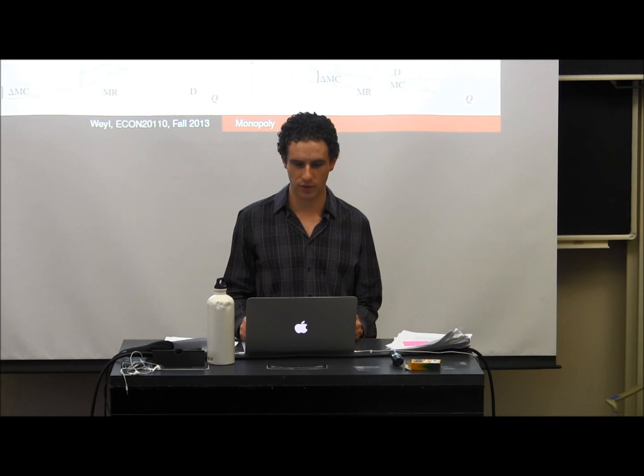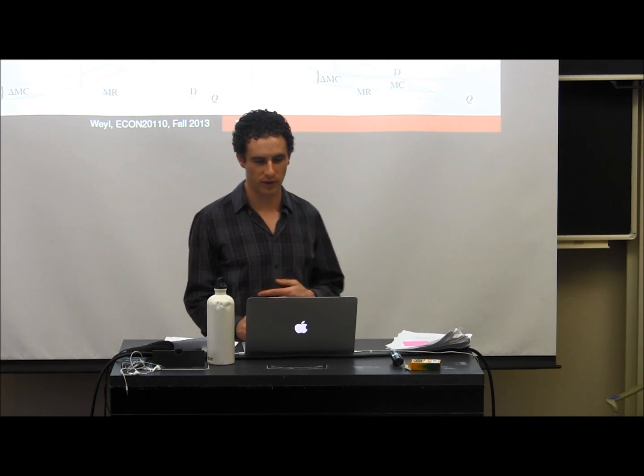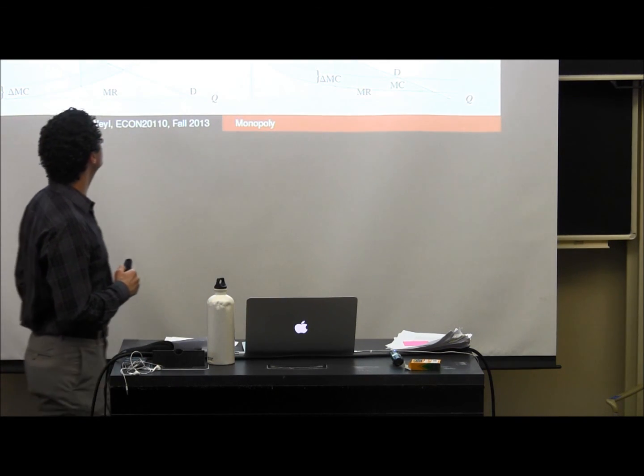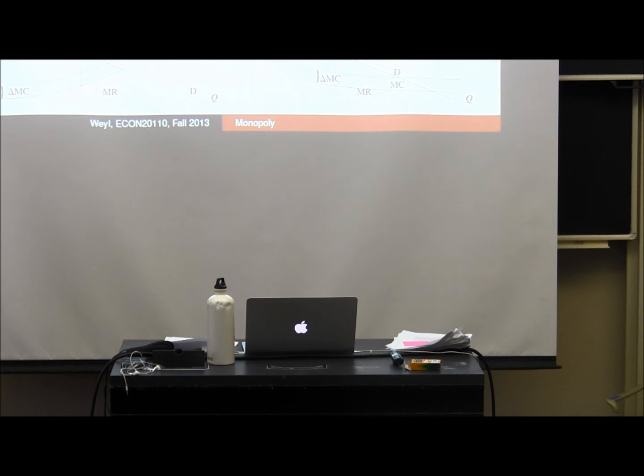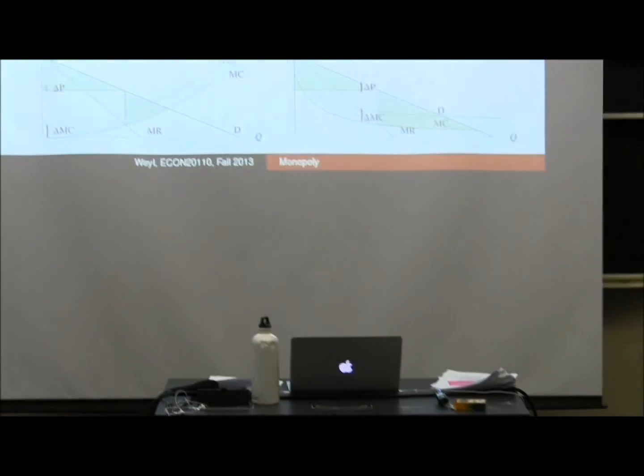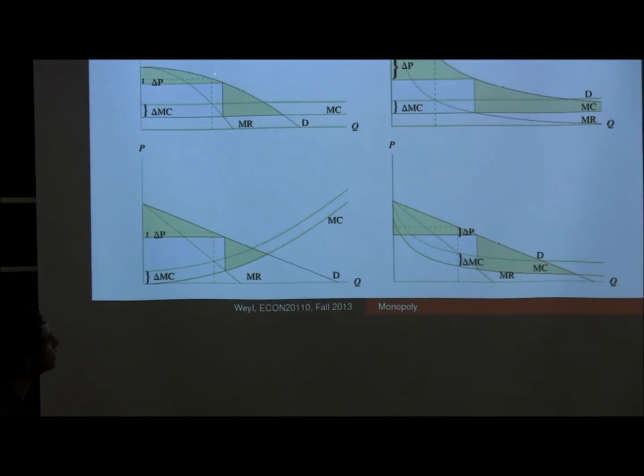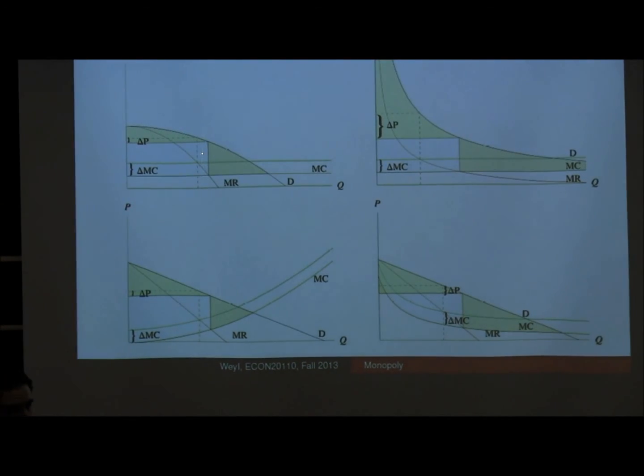So let me give you a graphical illustration of this. Here's a concave demand function, and here's its marginal revenue curve, which is diverging at an increasing rate from the demand curve. That means that for a small increase in marginal cost, the increase in price is going to be much smaller because we move more up the marginal revenue curve than we do up the demand curve.